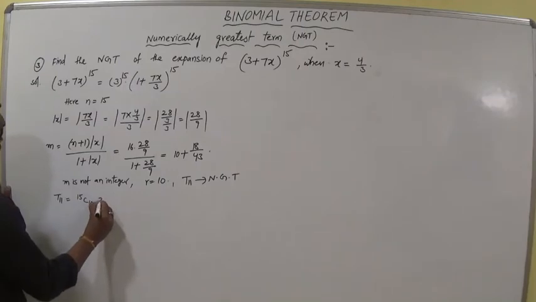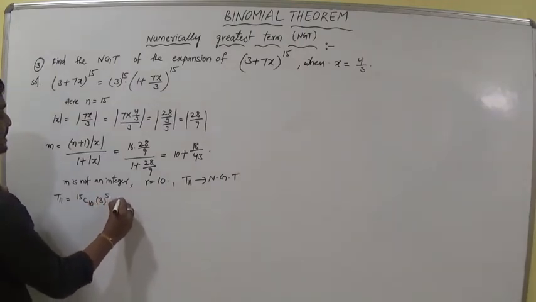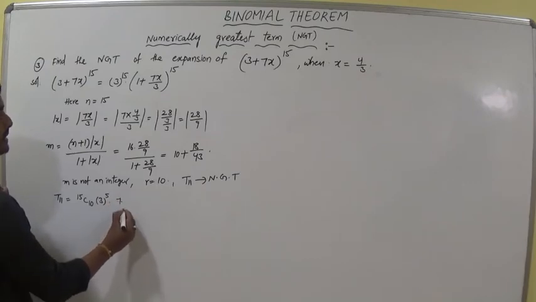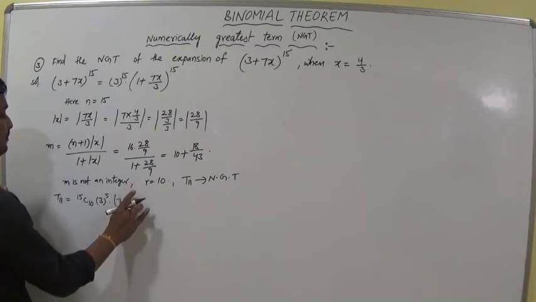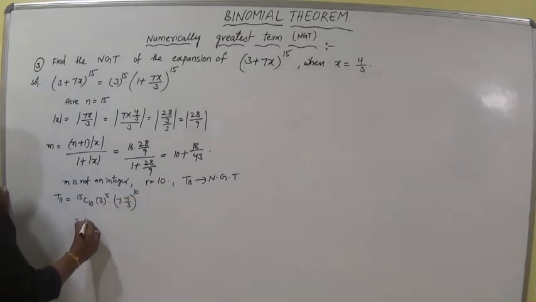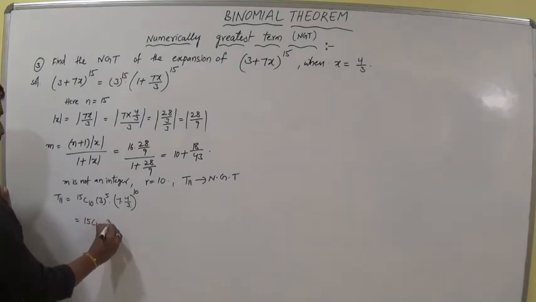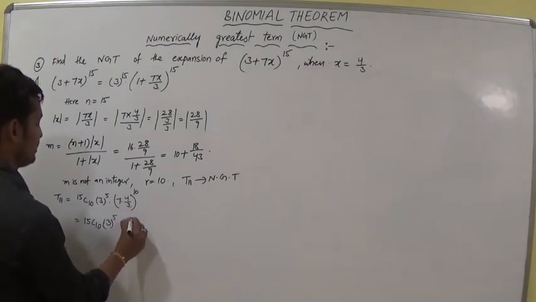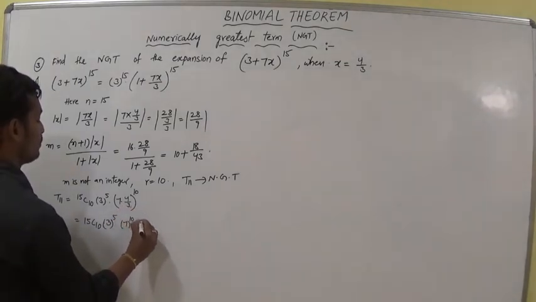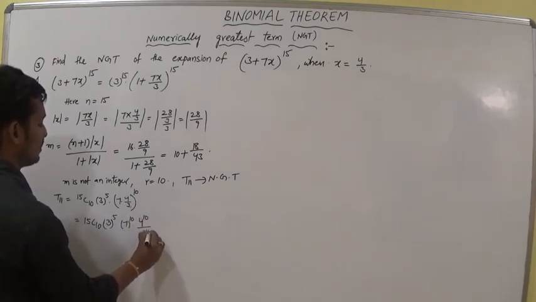Here 3 to the power of 15 minus 10, that is 5, into 7x, that is 7 into 4 by 3, whole to the power of 10. That is equal to 15 C10, 3 power 5, into 7 power 10, into 4 by 3 whole power 10, that means 4 power 10 by 3 power 10.